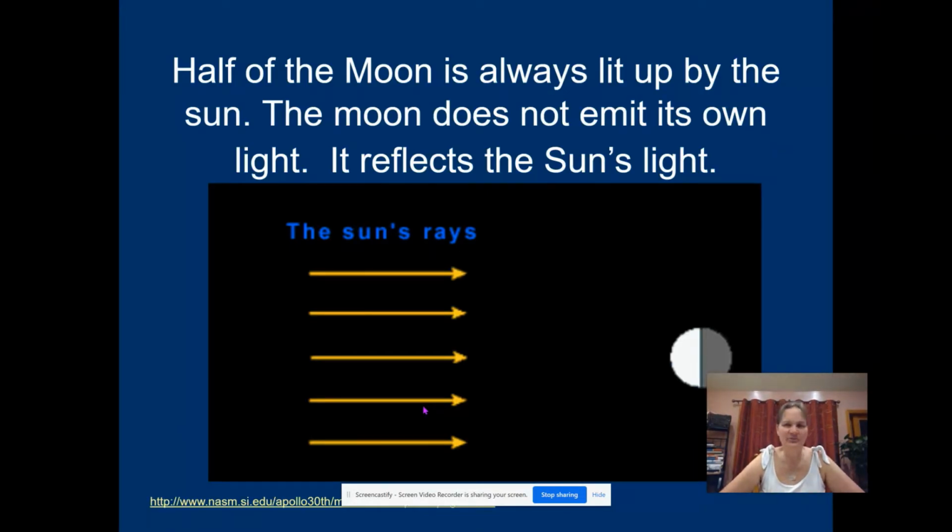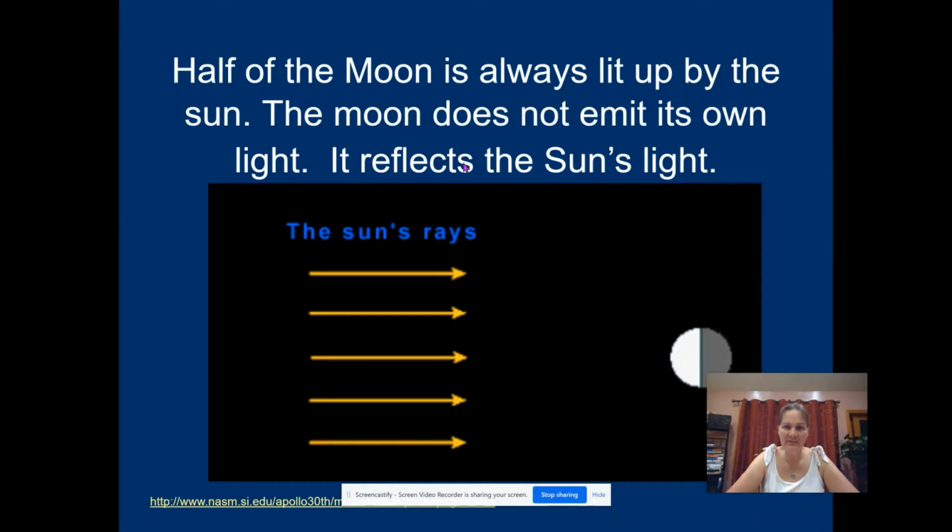So half of the moon is always lit by the sun. I mean, just like Earth. One side of Earth is having day, the other side's having night. Same thing's happening with the moon. But what I would like you to copy in your notebook are the next two sentences. The reason that the moon appears different each night is because the moon does not emit its own light.